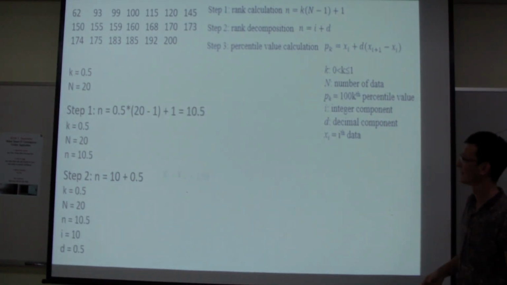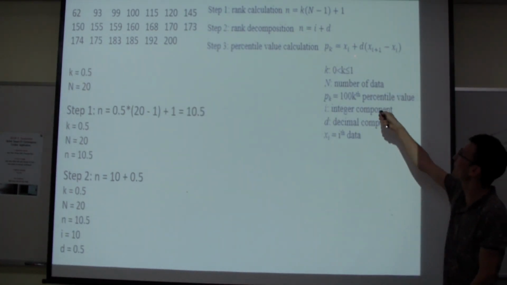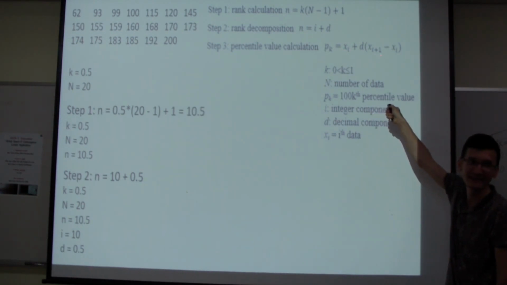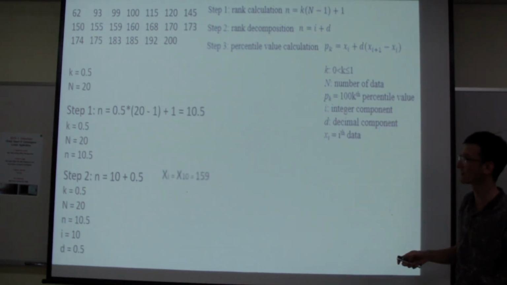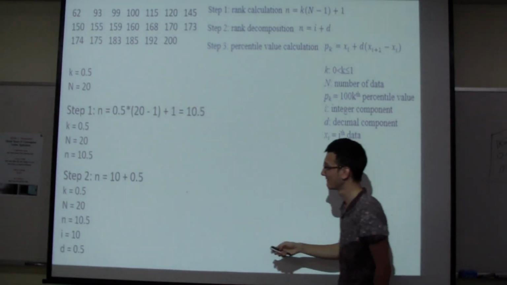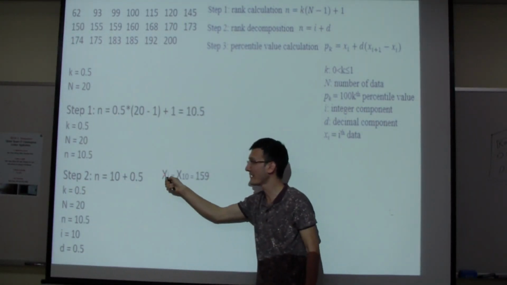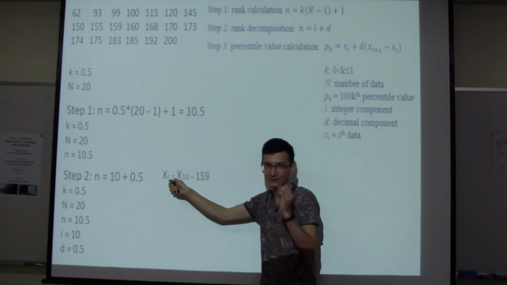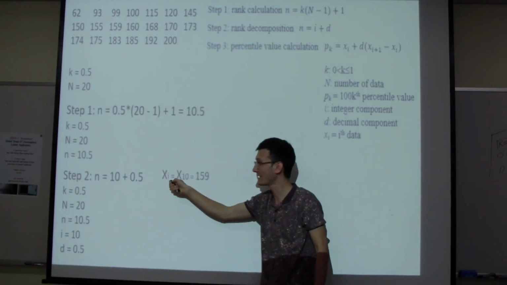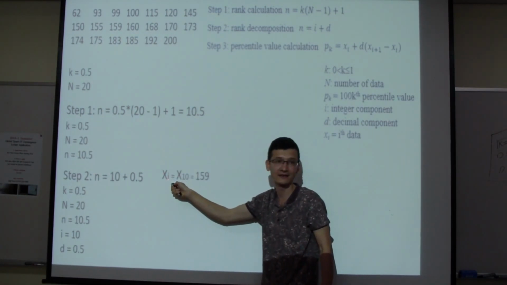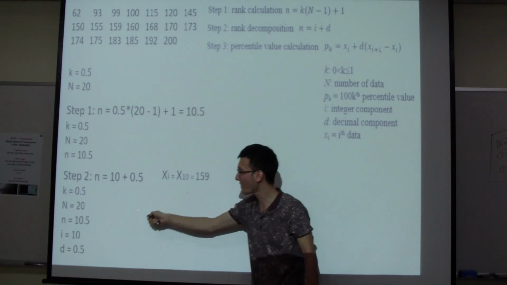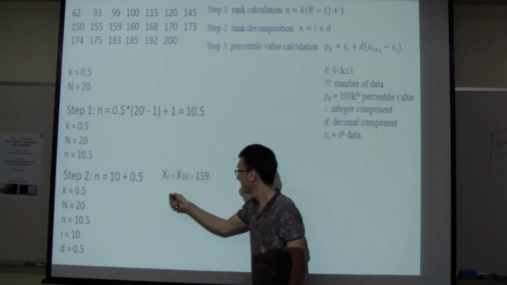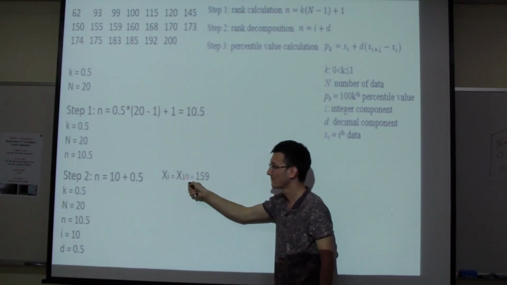But we don't know xi. And x(i+1). What's xi? Don't pay attention to x. This is a particular number, but we know I. Our I is 10. This means x10.